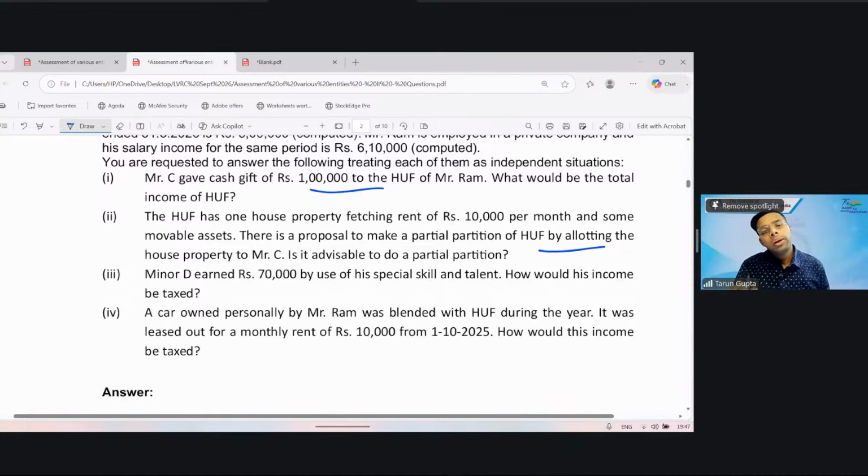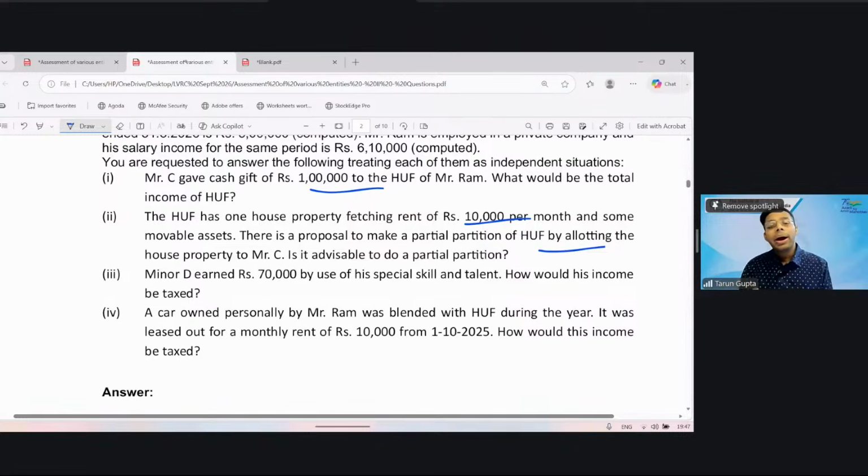So the HUF is deriving rent of 10,000 per month from the house property. It is contemplated to do a partial partition, not a complete partition of all the assets, by which it will transfer this house property to the major son C.